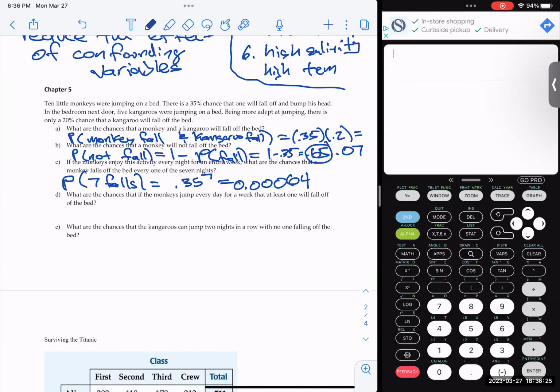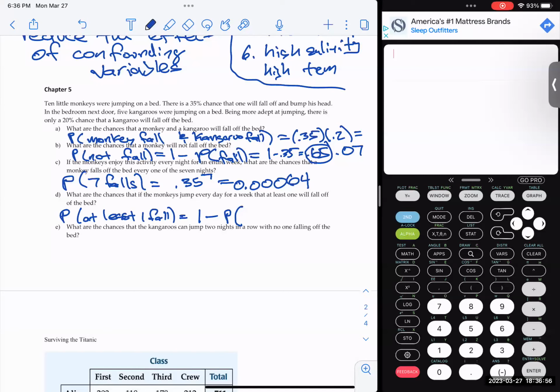So 1 minus, this is the same as, what does this say? At least one falls off. So the probability of at least one fall is the same as 1 minus the probability of. Now, I don't know that it would be that 0.00064 because the complement of at least one fall, what is it?